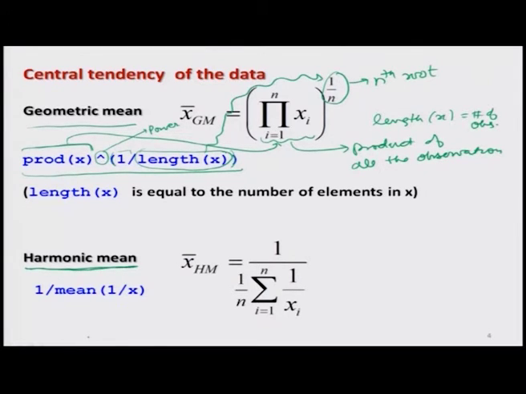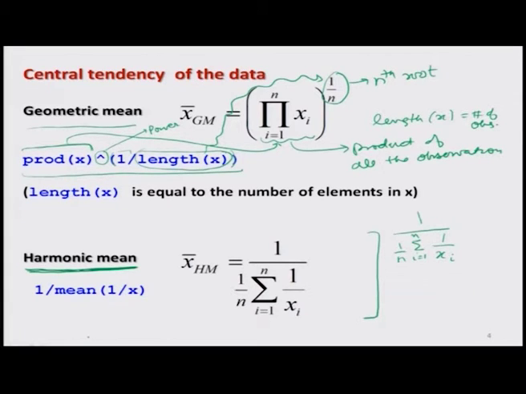So, now we are going to consider the harmonic mean. We all know that the harmonic mean is computed by this expression, and here you can see what is really happening. First of all, I am trying to find out the inverse of each and every observation xi, and then I am trying to find out its mean, and after this I am going to find out its inverse.